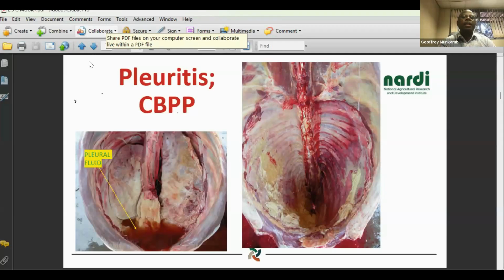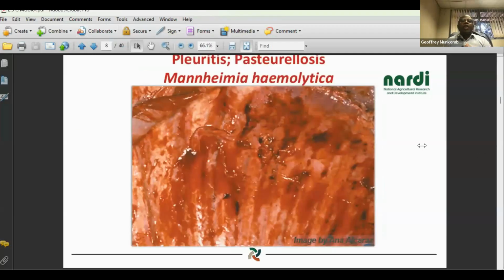Next slide, please. You also find pleuritis in pasteurellosis and Mannheimia haemolytica. You can see this is also pleuritis, and you can compare it with the one for contagious bovine pleuropneumonia. You see the actual difference, and you can appreciate that the two conditions, though with the same ultimate outlook, have quite different causative agents.